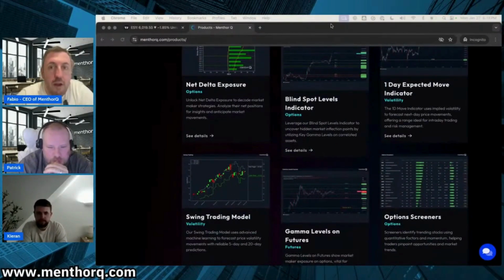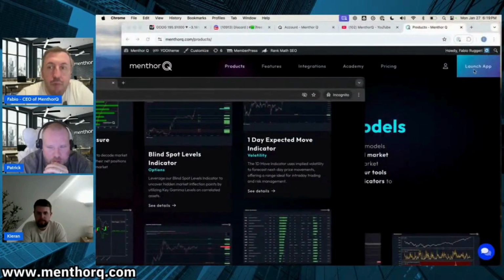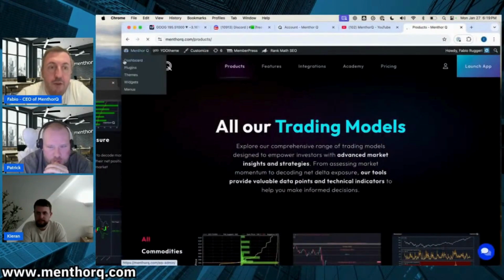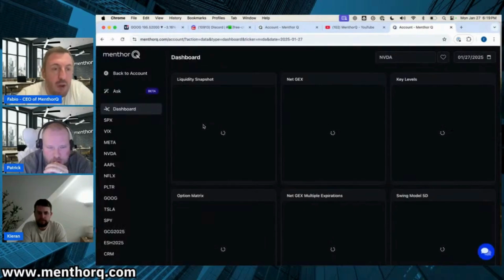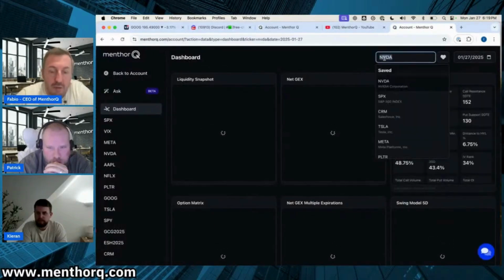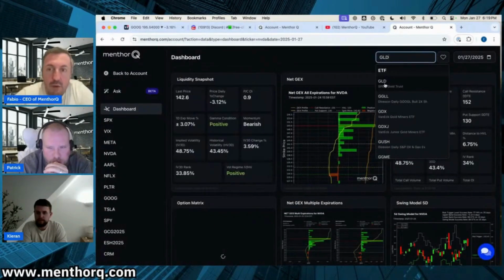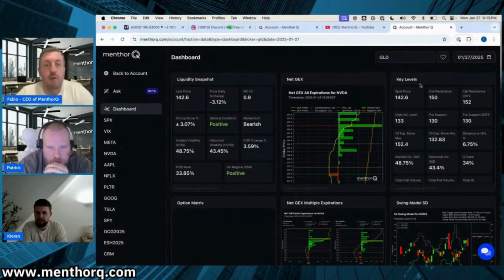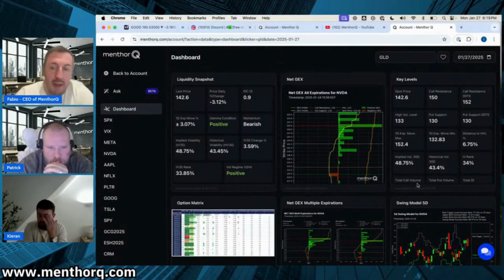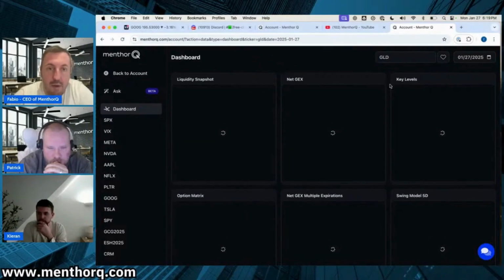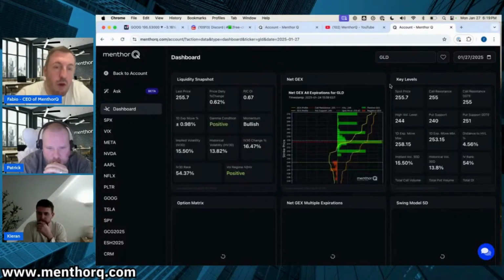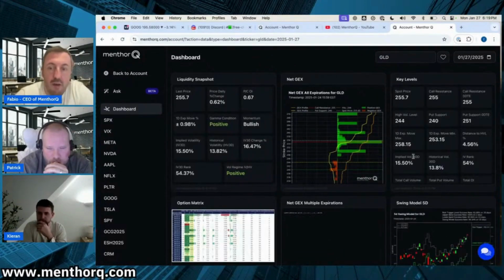So if you're looking at futures, we also have the ETF that can give you an idea where the price could go. So for example, if you look at gold, we can provide you our swing models on, for example, GLD, that you can then apply to your gold setup, or crude oil, or indices, and so on.